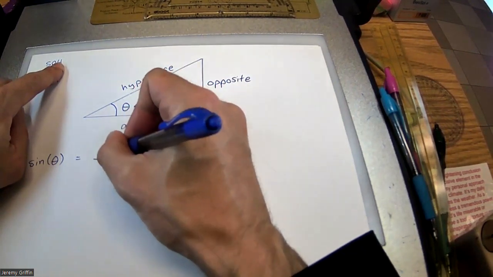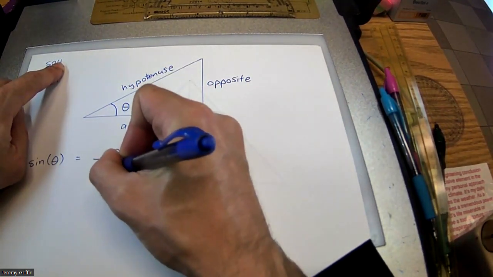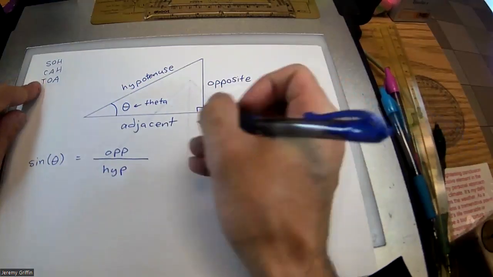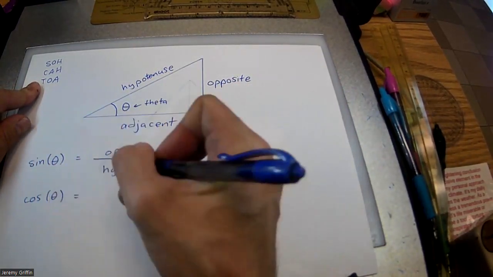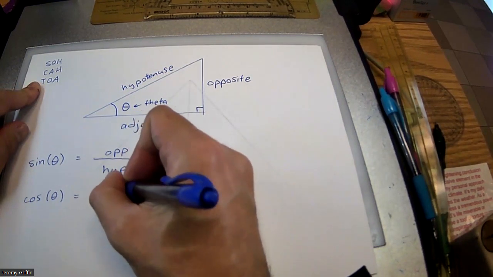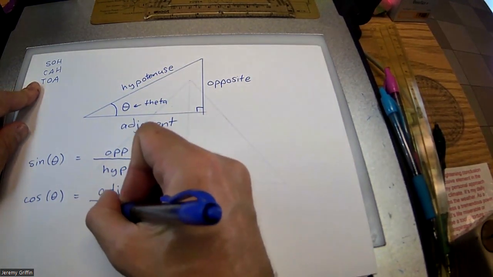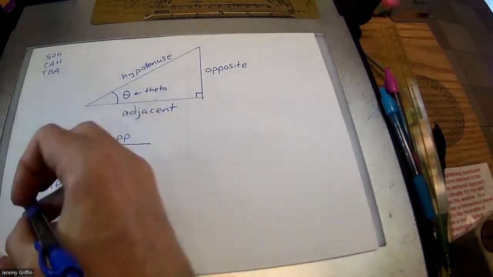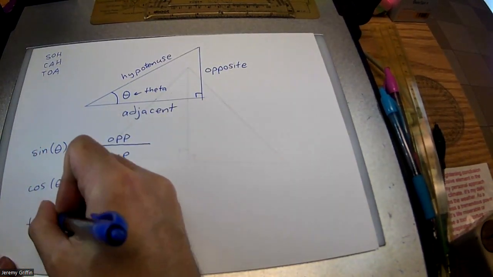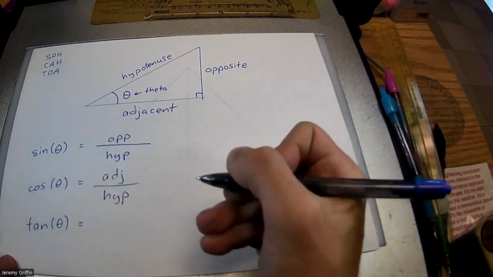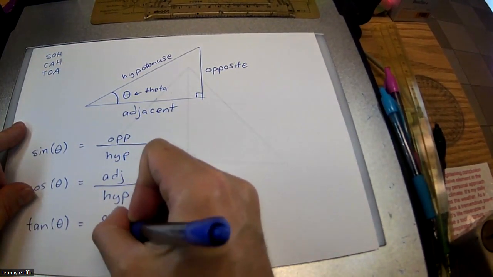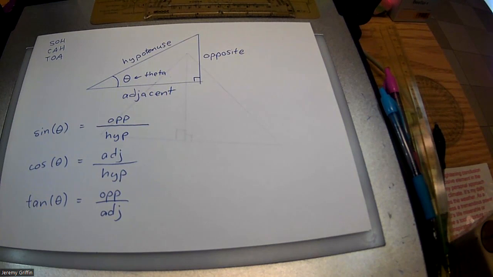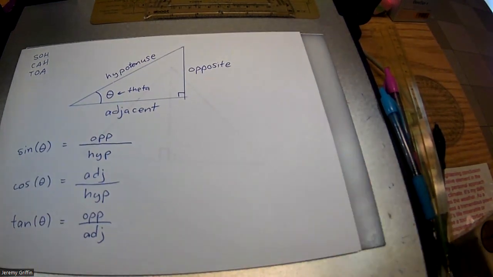Cosine of the angle is defined as adjacent over hypotenuse. And tangent of the angle is defined as opposite over adjacent. You guys remember all that?